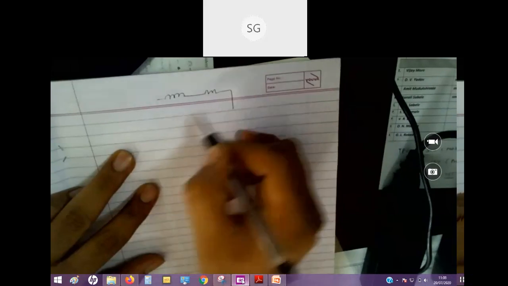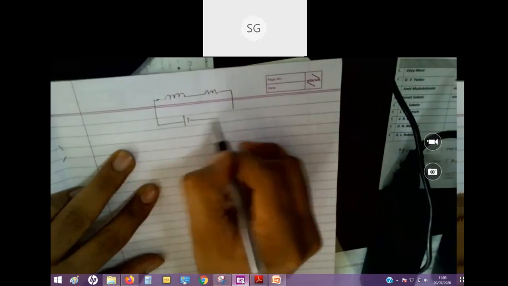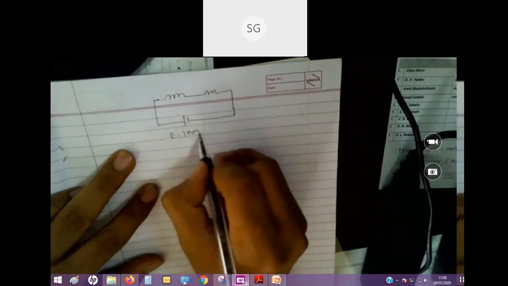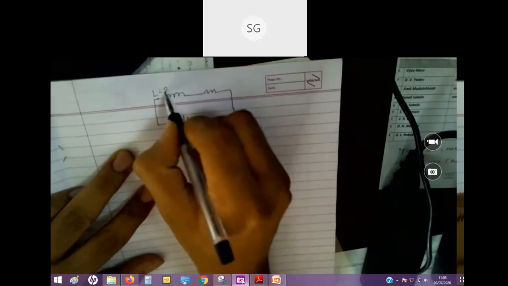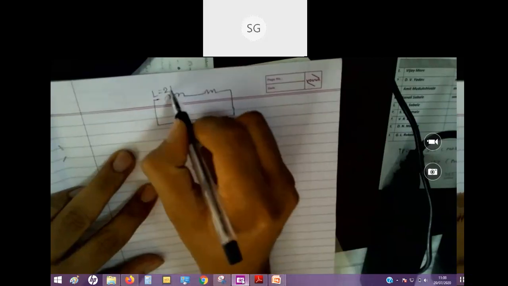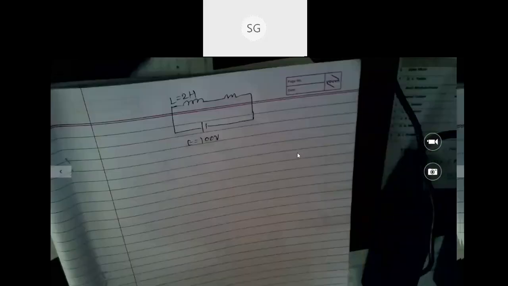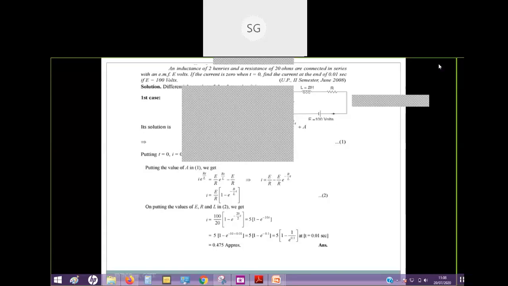Resistance is there. And I have a battery E. E is equal to 100 volt. L is given as 2 Henry. Are you able to see this? Please confirm in chat. Yes, yes, yes. Thank you. Okay.